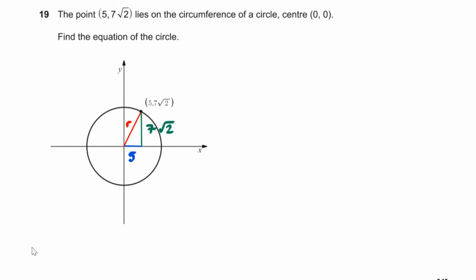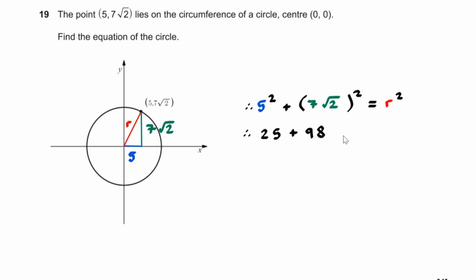and therefore, using Pythagoras, we have 5 squared plus, in brackets, 7 root 2 squared equals r squared. So we have 25 plus, now here we have 7 root 2 all squared, which is 98.